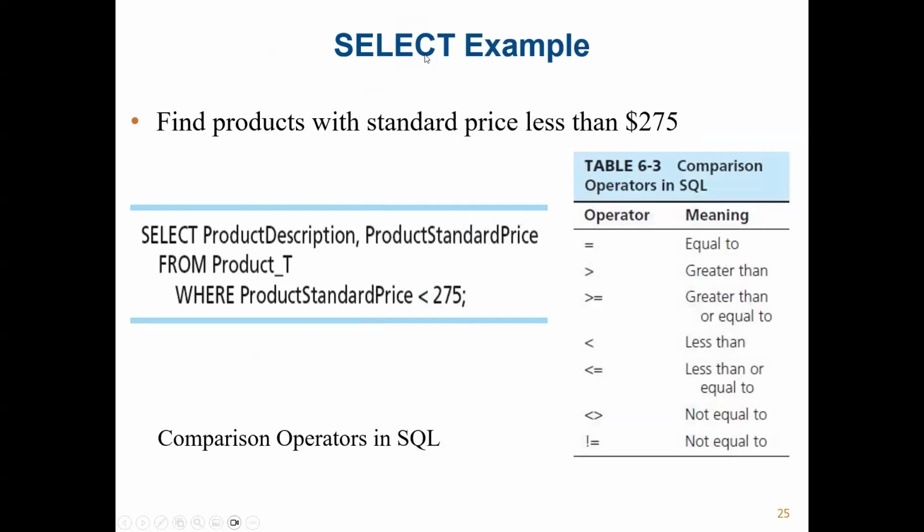Okay, so using a select statement, these are the possible relational operators we can use for the where condition. So this is almost close to a programming language. I can say where the product price is equal to, greater than or equal to 275, less than or equal to, or not equal.